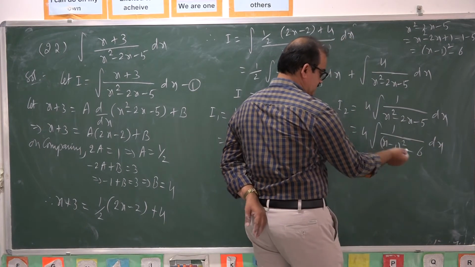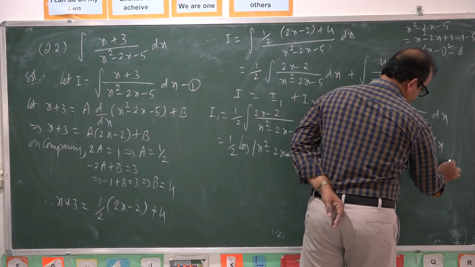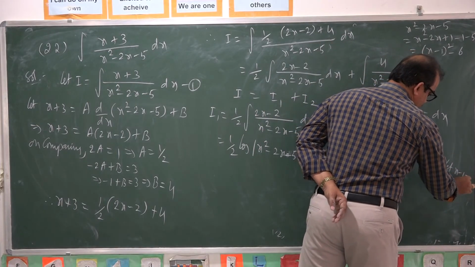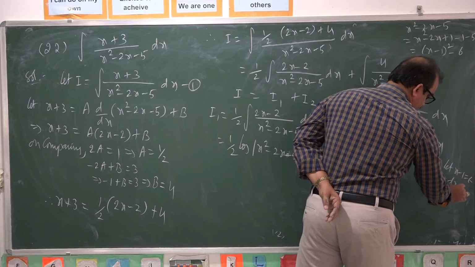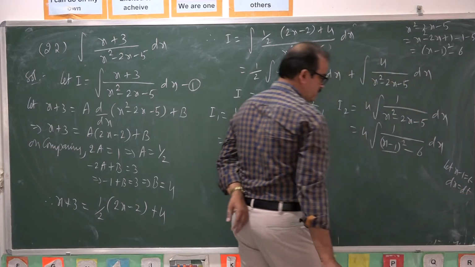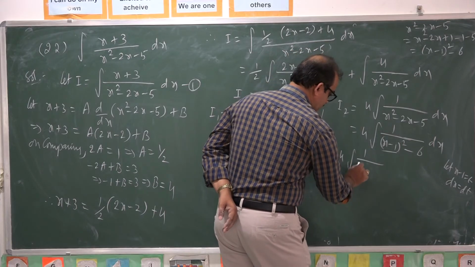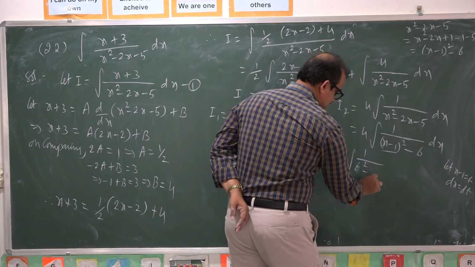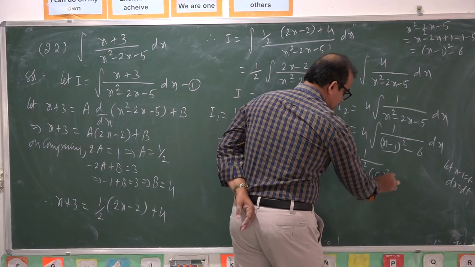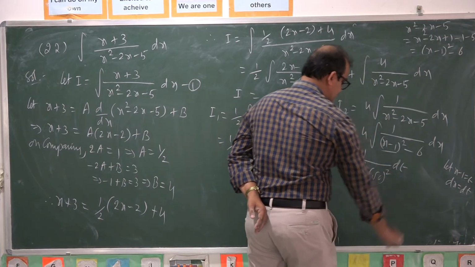Now, take x − 1 is equal to t. Let x − 1 is equal to t. Differentiate, dx is equal to dt. Then we get 4 into integral 1 by (t² − 6), 6 is taken as root 6 whole square, dx is dt.